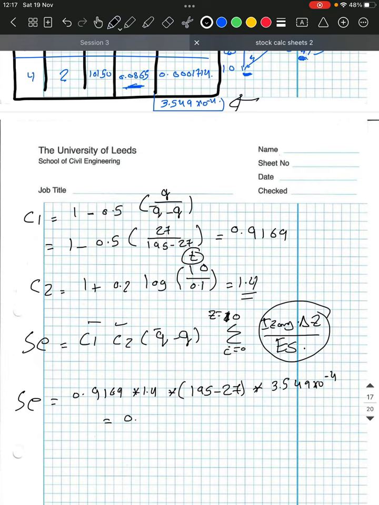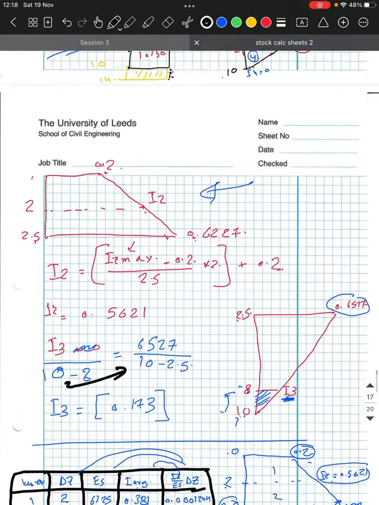All of that gives you 0.0767 meters. You multiply that by 1,000, you get 76.7 millimeters. And you're done now.